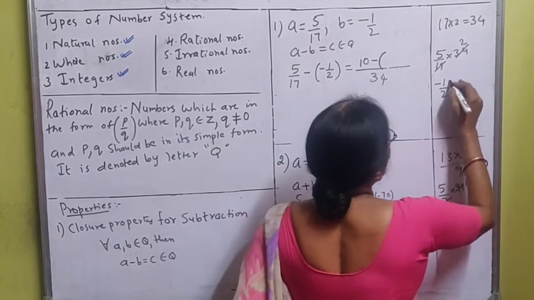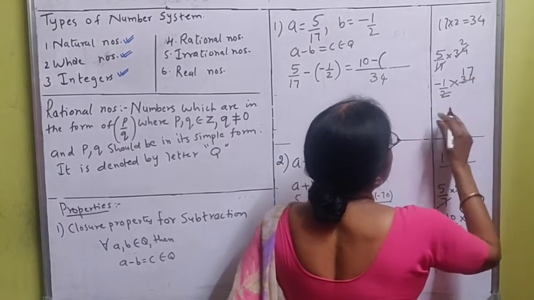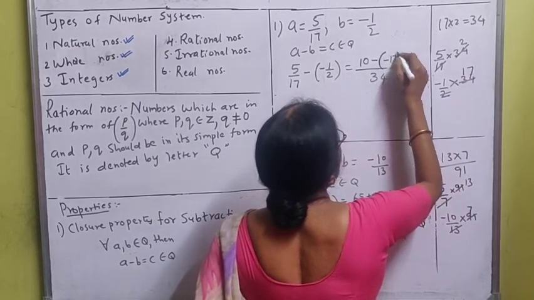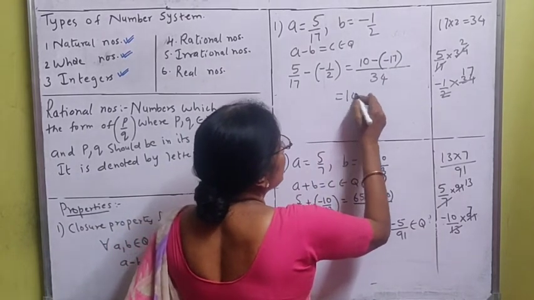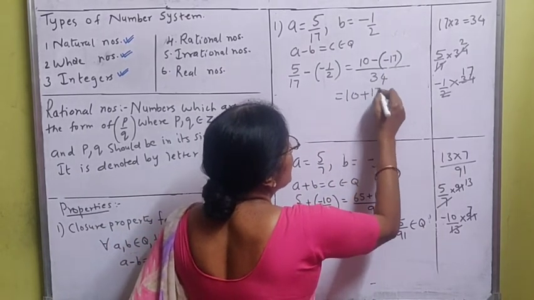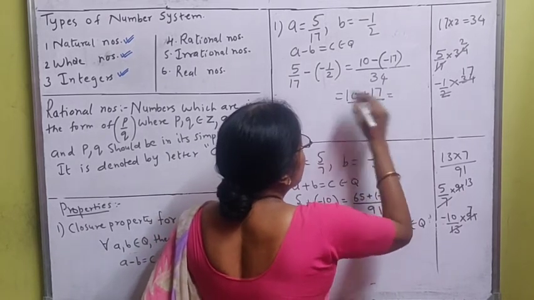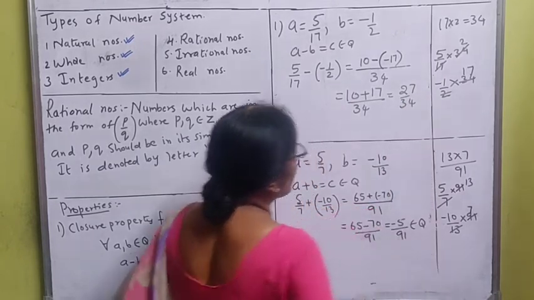Minus 1 by 2 into what? 34. 2 ones are 2, 17s are. Minus 1 into 17 is minus 17. Now next step, 10 will remain as it is. Minus into minus is plus. Plus 17 divided by 34. So what you will get? 10 plus 17 is 27 divided by 34.